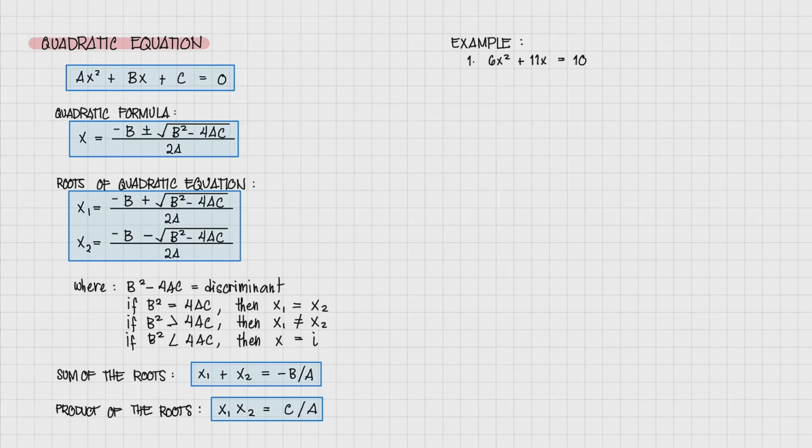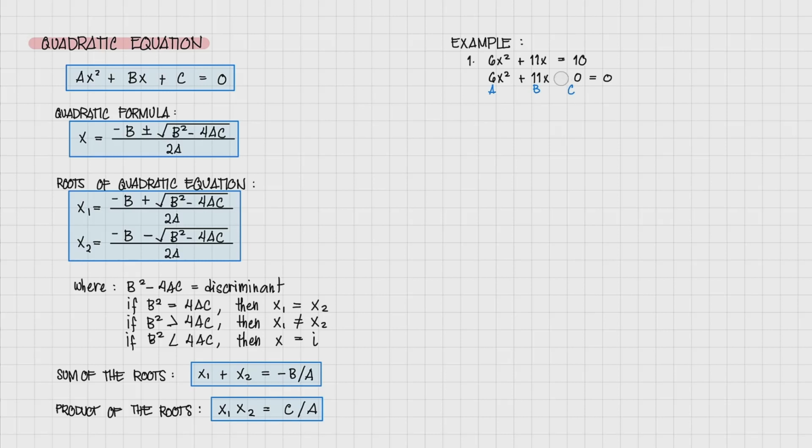So the first thing that you need to do is you need to rearrange this in such a way that the whole equation is equals to 0. So you have 6 times x raised to 2 plus 11x minus 10 equals 0. Now this becomes our A, this becomes our B, and this becomes our C. So we could actually further rewrite this one.